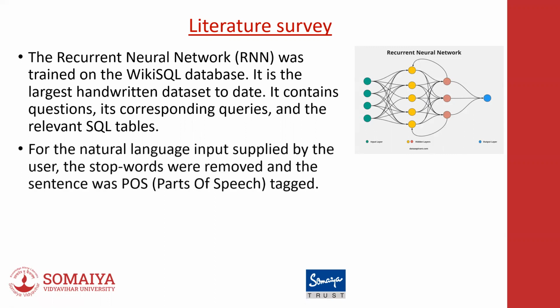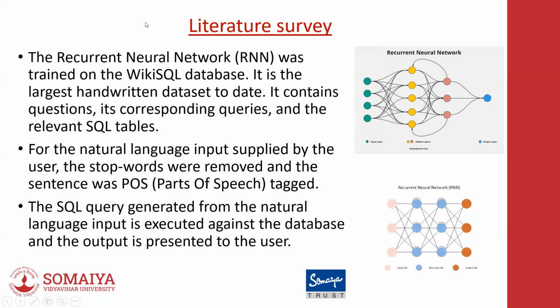Now the neural network they have trained on this WikiSQL database, which has questions, SQL queries, and SQL tables. And they have also applied a lot of pre-processing. They have used natural language processing, and in that they have removed the stop words from the sentence.